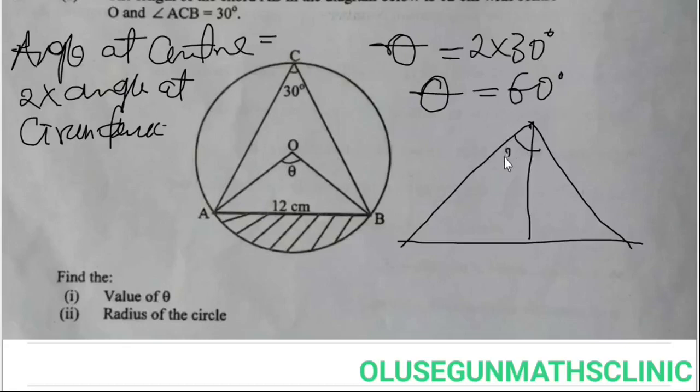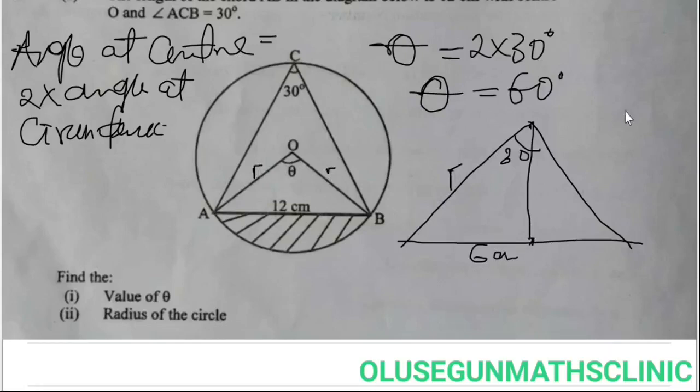Here it will be 30 degrees. This is a radius, this is a radius, and the chord is divided into 6 centimeters. In looking for the radius, it's very easy.